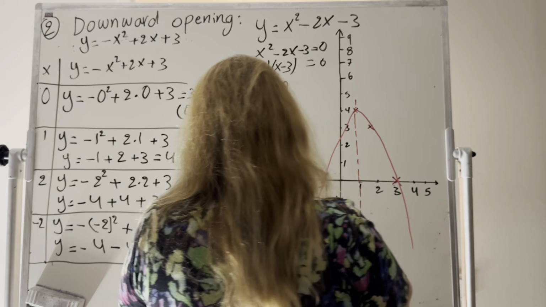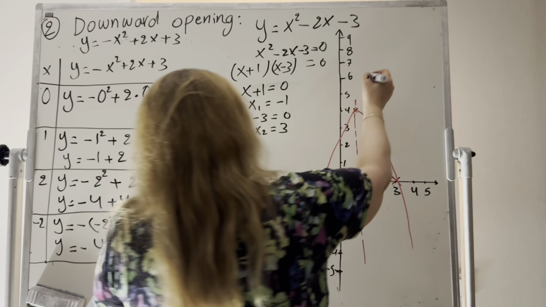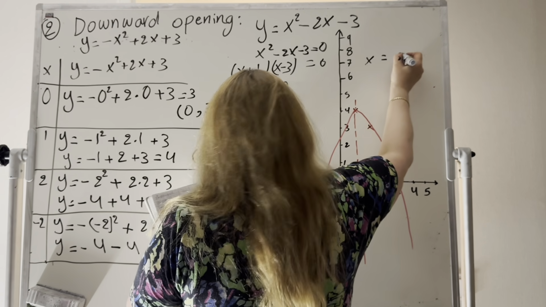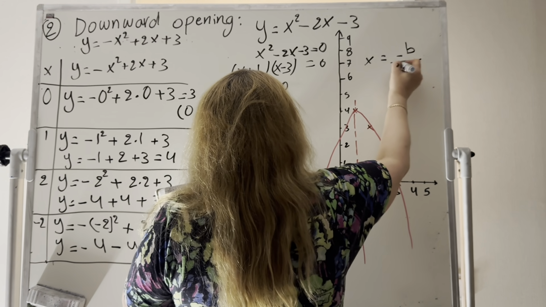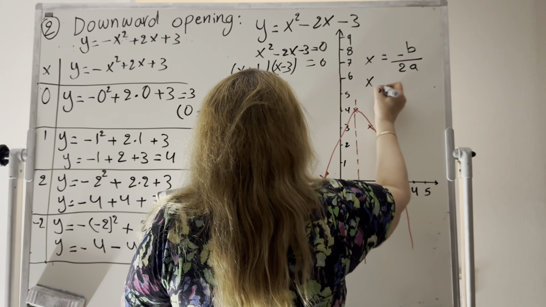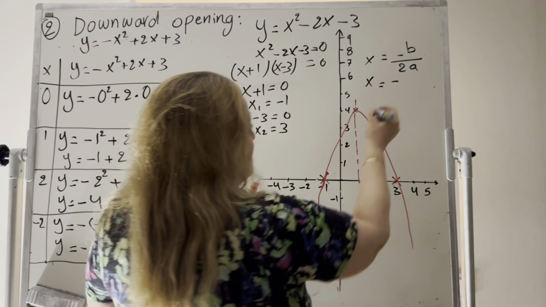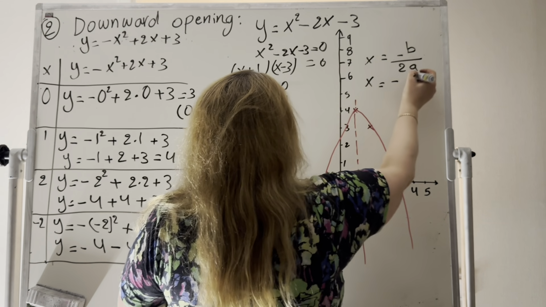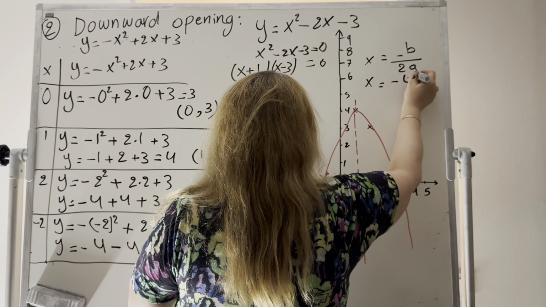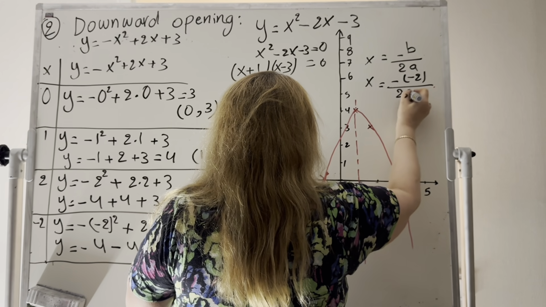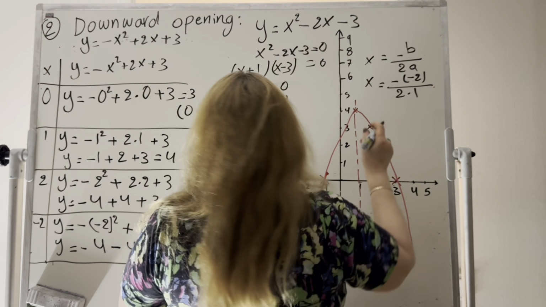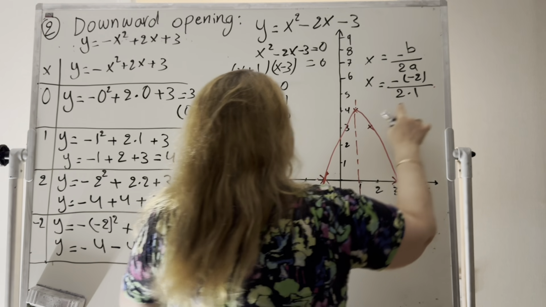I can also calculate it using x equals minus b divided by 2a. I have x equals minus minus 2 divided by 2 by minus 1.